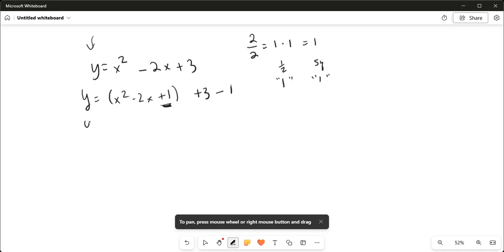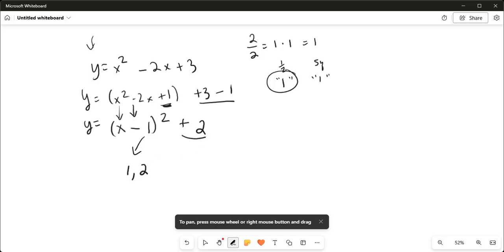Okay, now that first part is always going to factor: x, whatever the sign is, and the half term squared. Add these together, so that's going to be 2. Now we're going to use this as our x value for the axis of symmetry using the opposite sign. So it's negative here, so it's going to be a positive 1. This is going to keep the sign, so this is just going to be 2.